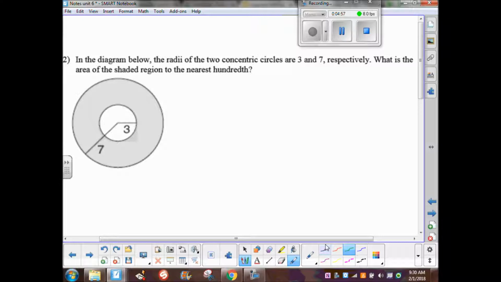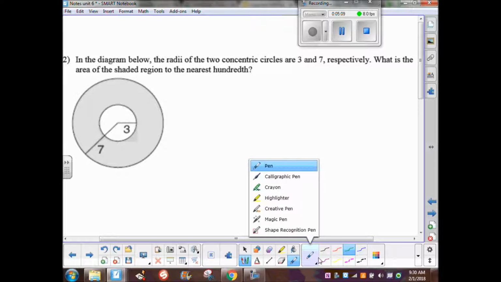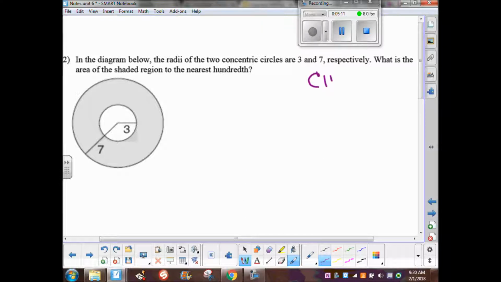We have the radius of the small circle, and we have the radius of the big circle. So the plural is radii. So we have two concentric circles. Concentric, okay, one inside the other.